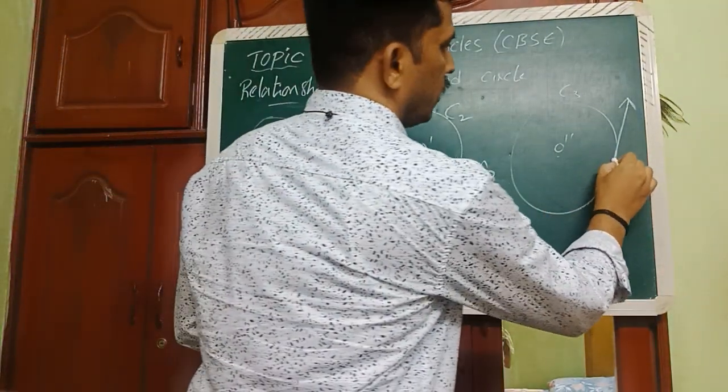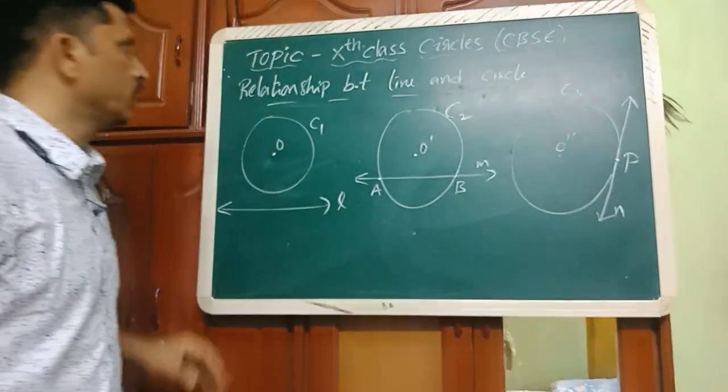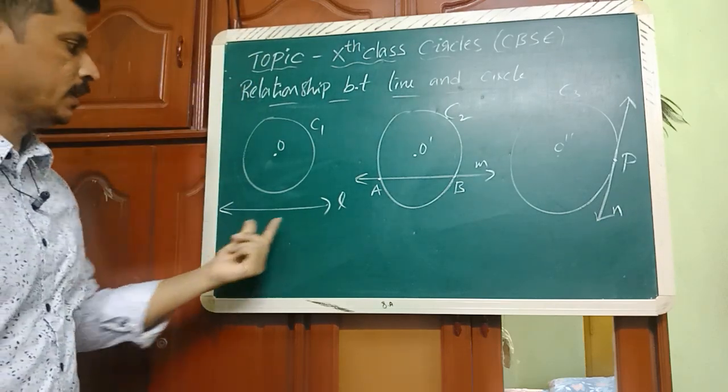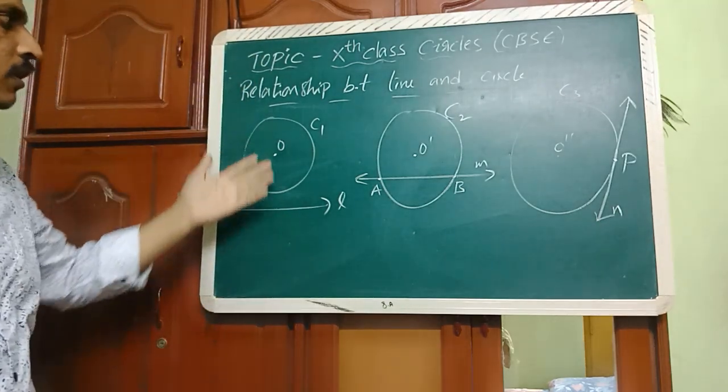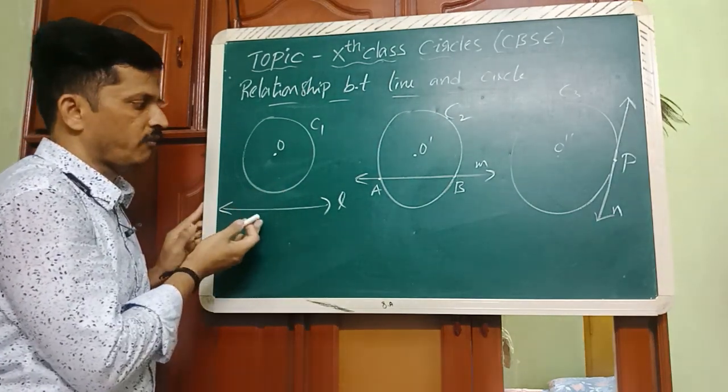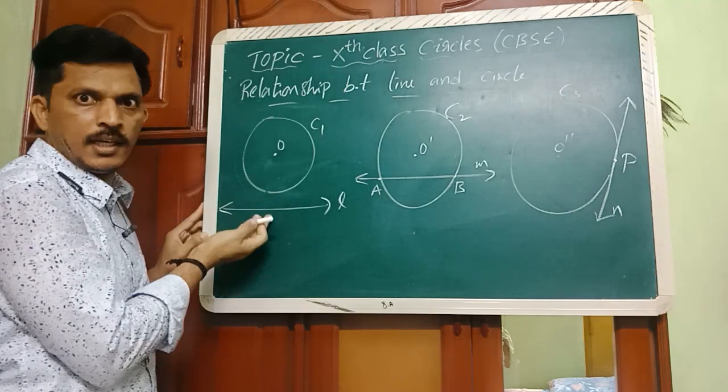This point is P. This is a circle and this is a line. Any relation between these two? No relation is there. When they intersect, you get a relation.